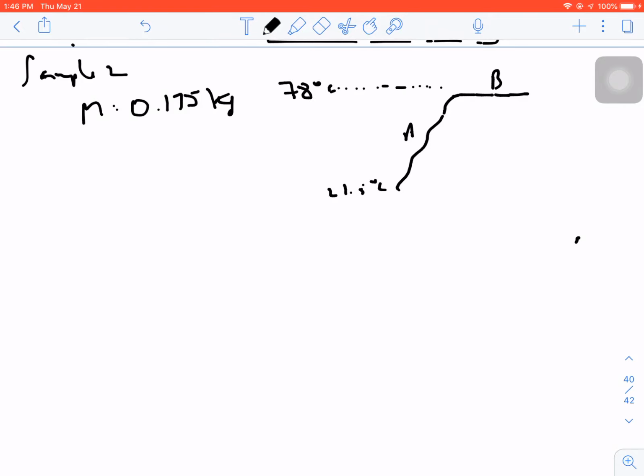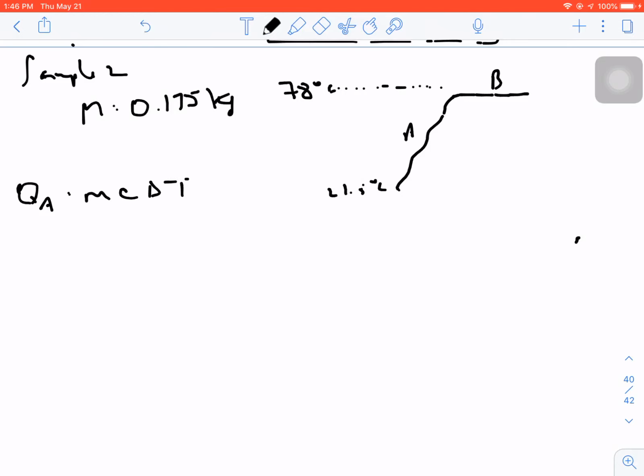It's actually 78.3. Now, we'll just go with the 78 from our textbook. So if I know what the temperature needs to be in order to evaporate, and I know how much matter I have, I can do my A part, Q for A.